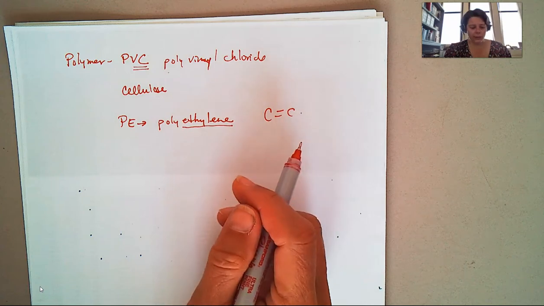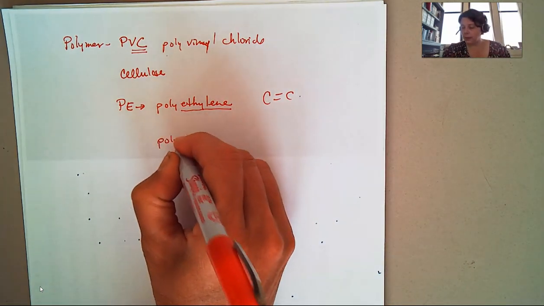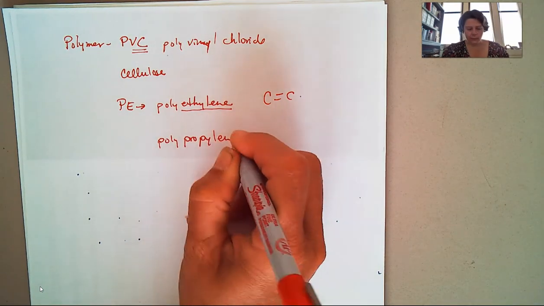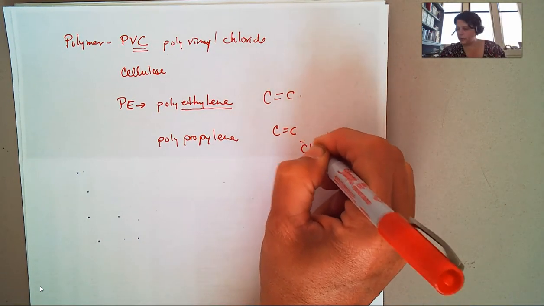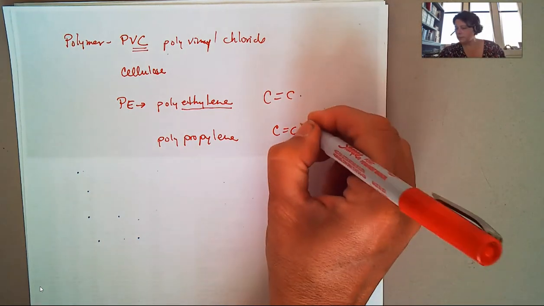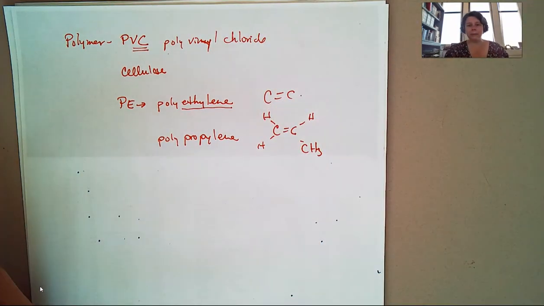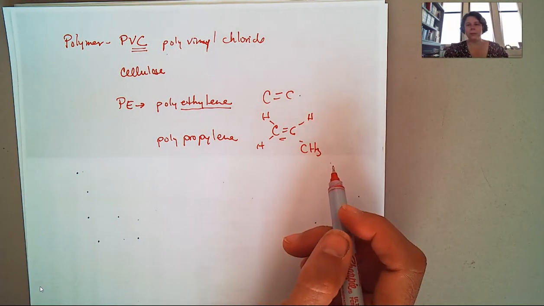When you look at these things, if there's polypropylene, well, what's propylene? C-double-bond-C, CH3, H. There's your propylene. So there's three of them in there. There's the double bond. So that's when you say something is polypropylene.